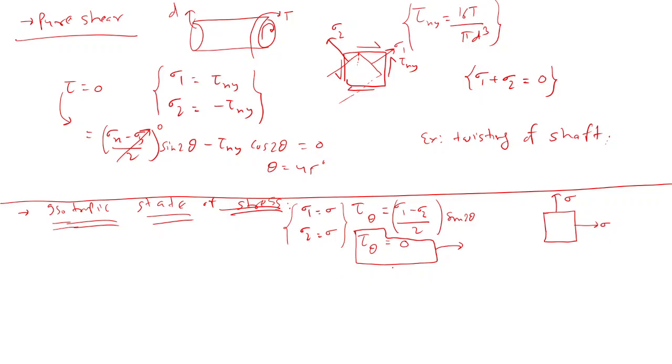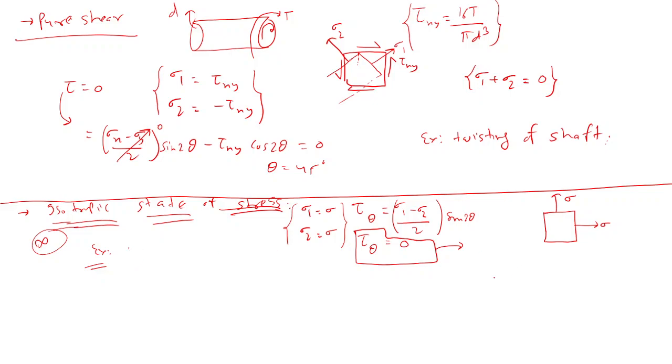So how many principal planes are there in this condition? Infinite principal planes would be there, right? So what is the practical example for this condition? For this condition, what is the example?